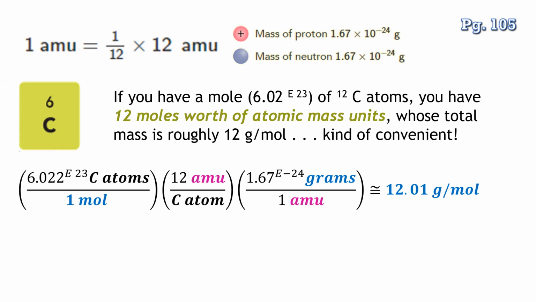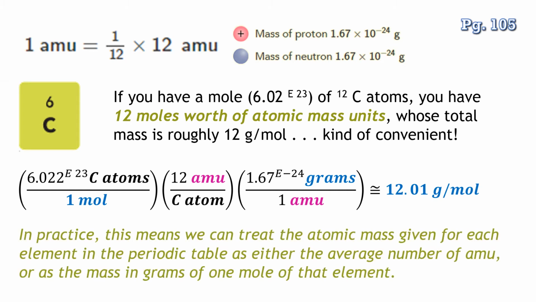But even so, even though it's not an absolutely perfect one-to-one correspondence, it's so close most of the time that we can do the following trick. In practice, we can treat the atomic mass that's given for each element in the periodic table in two different ways.